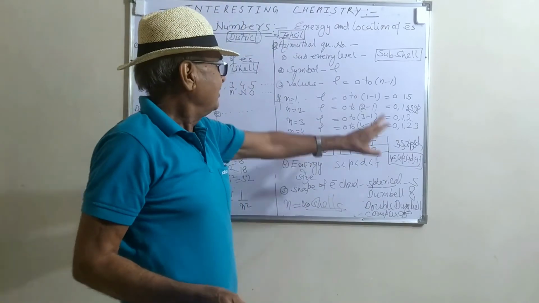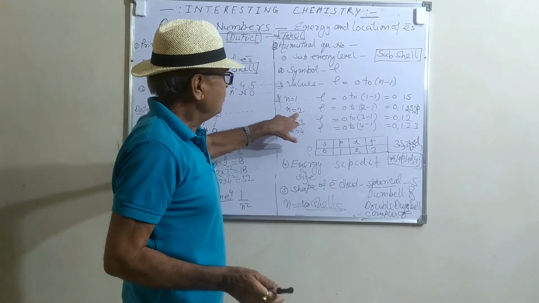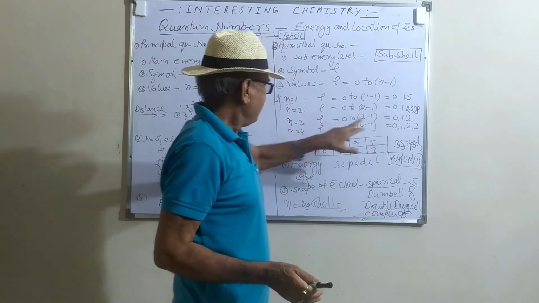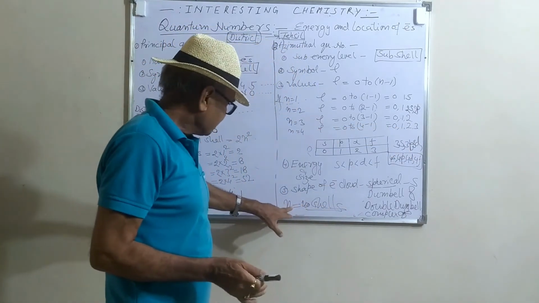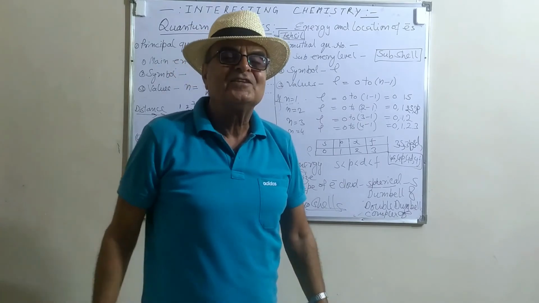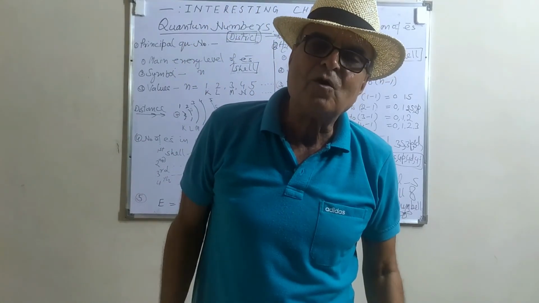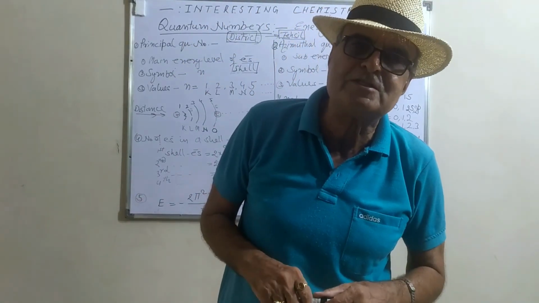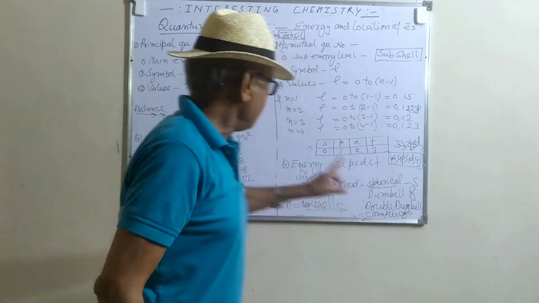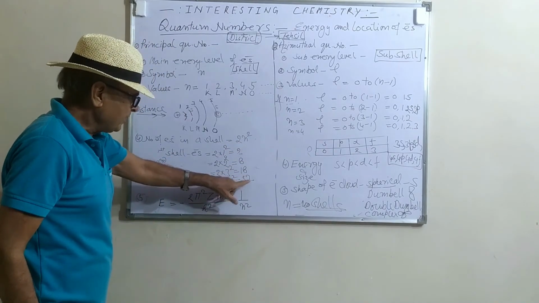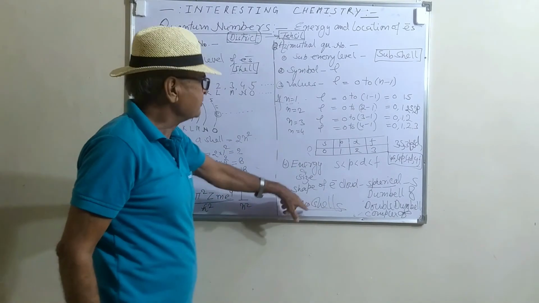If n is equal to 2, there are 2 subshells. If n is equal to 4, there are 4 subshells. So n also tells us the number of subshells found in that particular principal quantum number. So 2n squared tells us the number of electrons, n tells us the number of subshells.